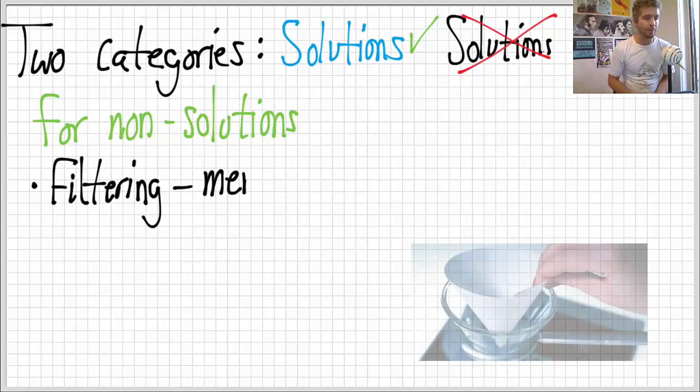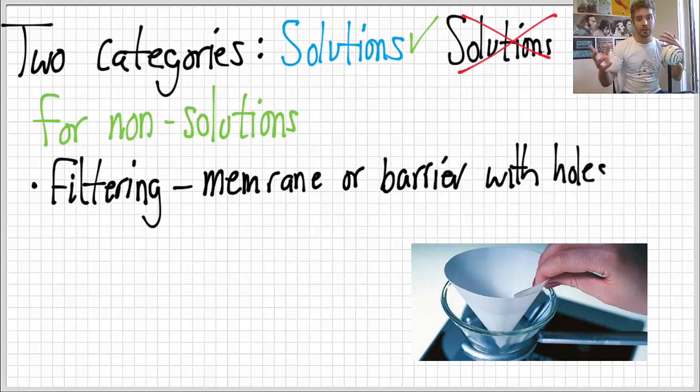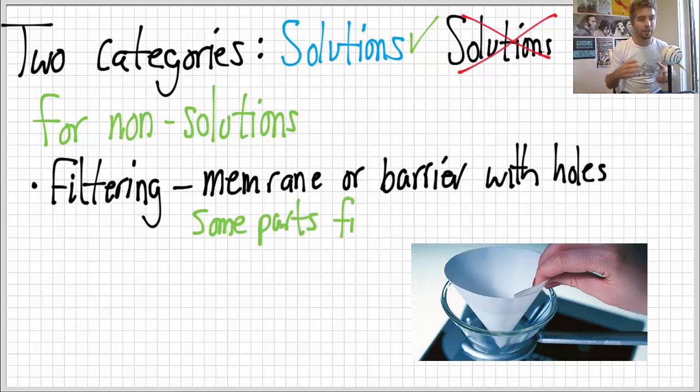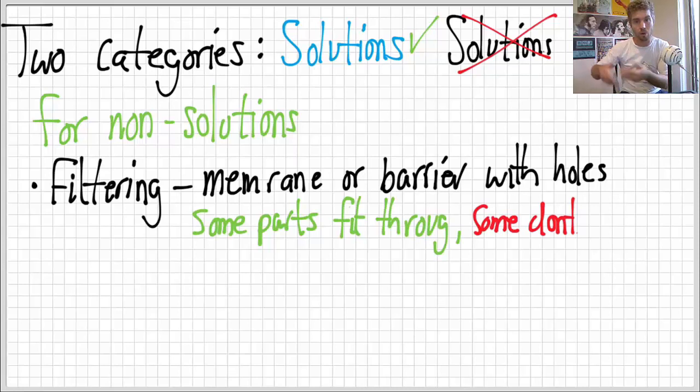It involves a membrane or barrier with holes in it that some parts of a mixture can pass through and other parts can't. Imagine a coffee filter, a piece of paper that is porous and things can go through. Imagine a bag that water can drip through, but the dirt that was mixed in the water would stay in the bag. Some parts fit through, some don't.